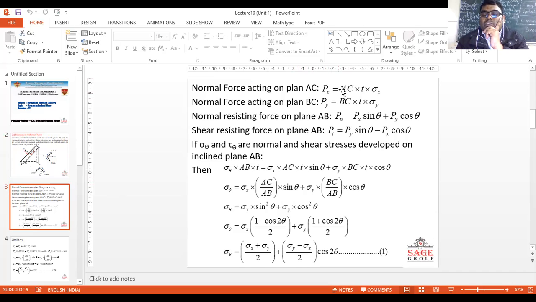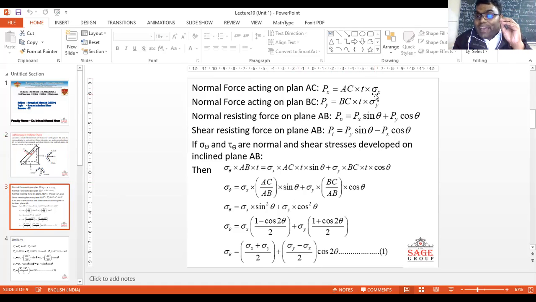So Px is equal to AC T into sigma x. If we have the stress, how can we get the force from it? We know that sigma, meaning stress, is equal to force upon area.